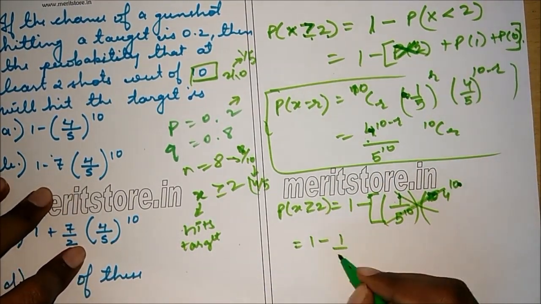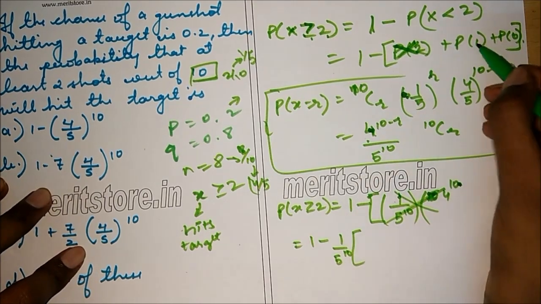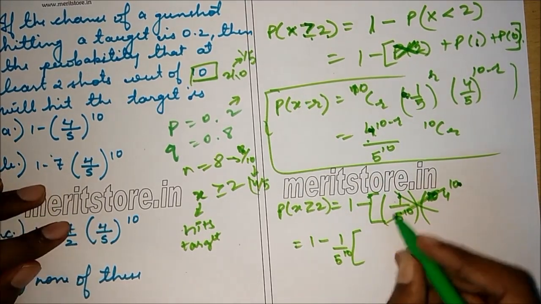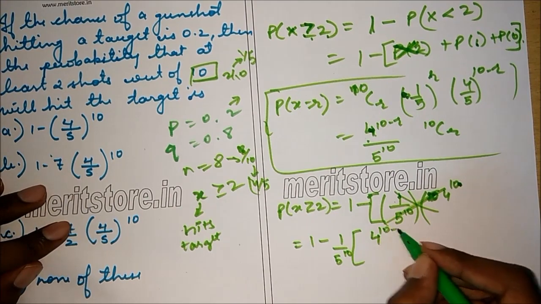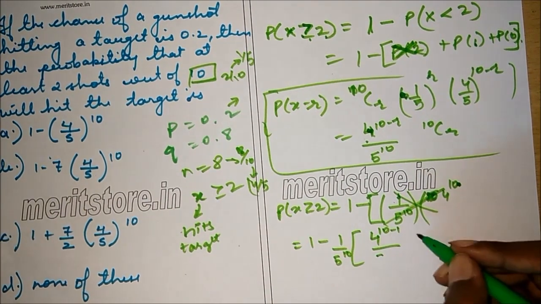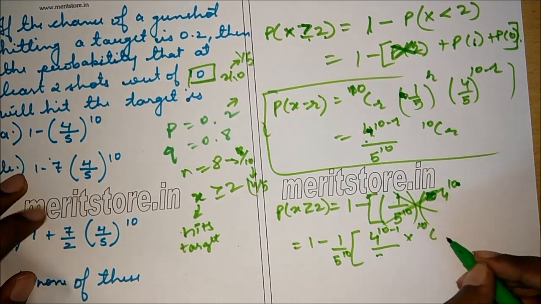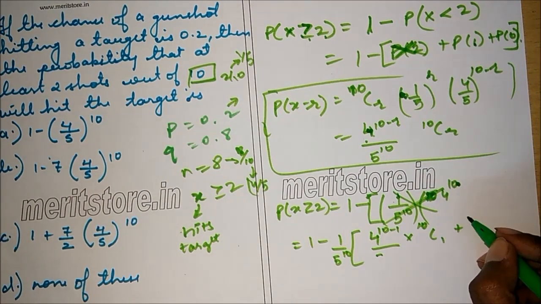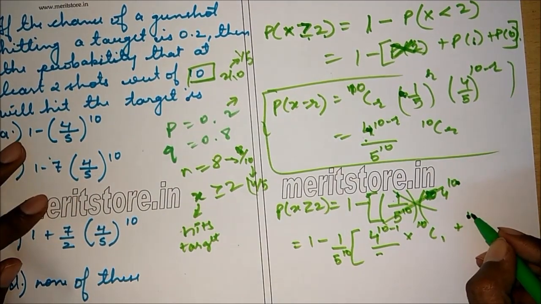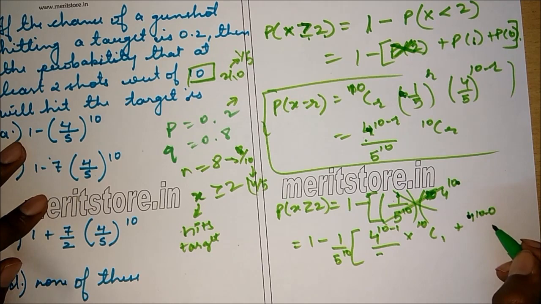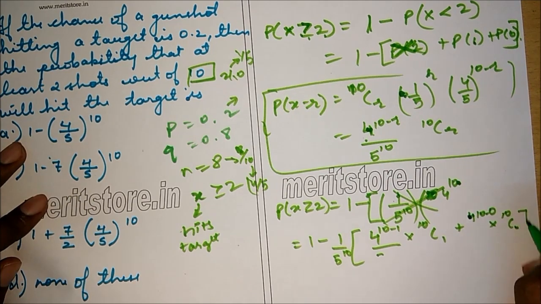So this will be 1 by 5 raised to 10, for r equals 1, 4 raised to 10 minus 1 into 10C1, plus 4 raised to 10 minus 0 into 10C0.